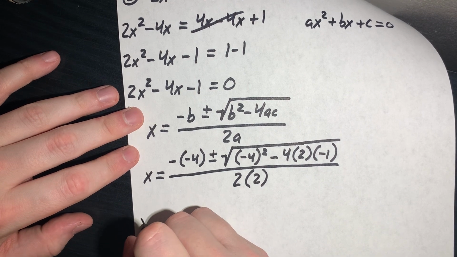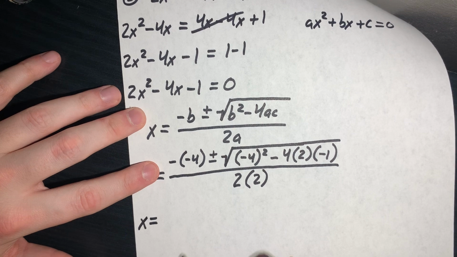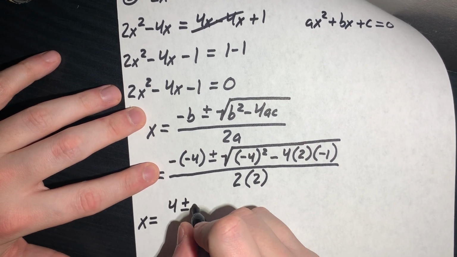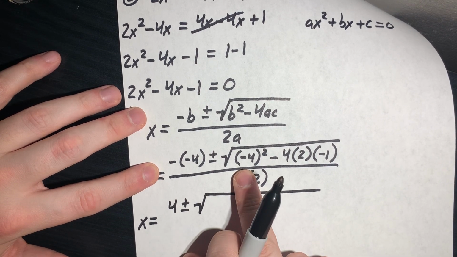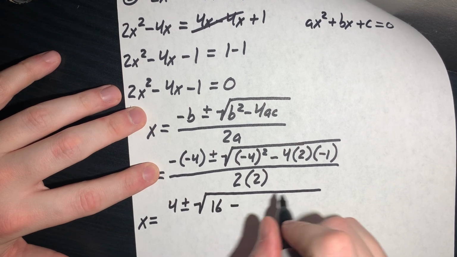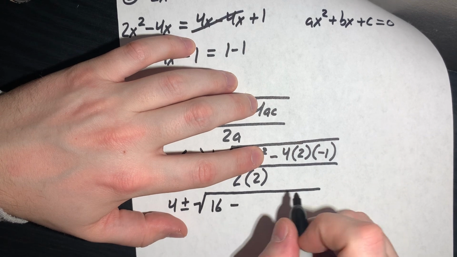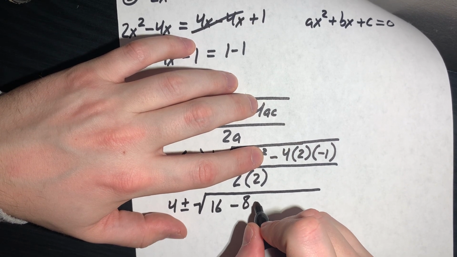So let's see here, x equals, okay, we got that -1 times -4, that gives us just 4, so 4 plus or minus -4 squared will give us 16, minus, then we've got a -4 times a +2, so that will give us -8.